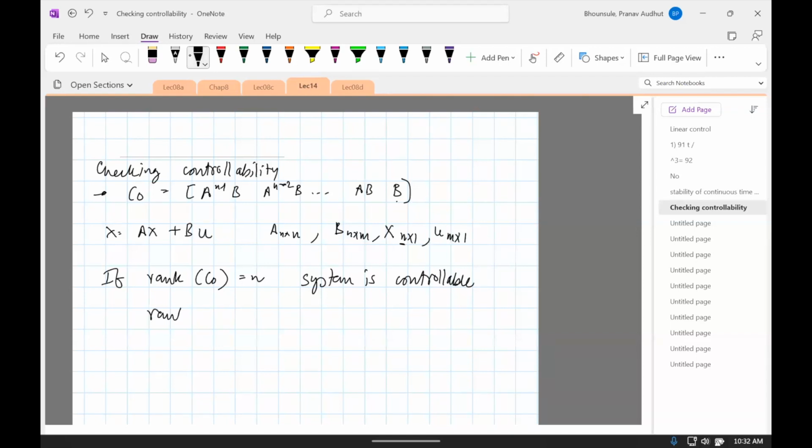If the rank of CO is less than n, the system is uncontrollable. So what you want to do is check for controllability. Without controllability, there is no meaning in trying to find a control.